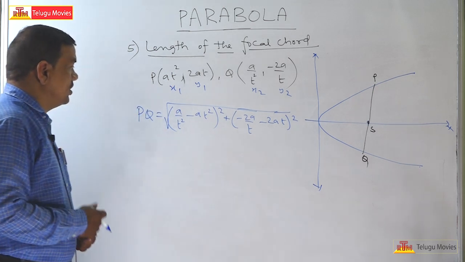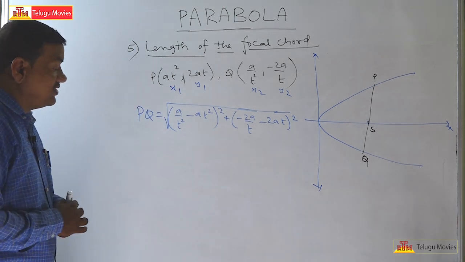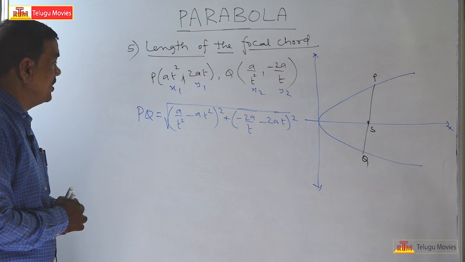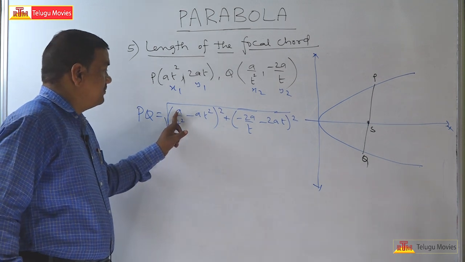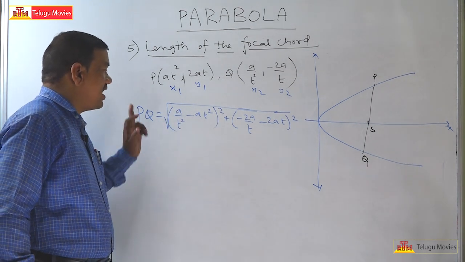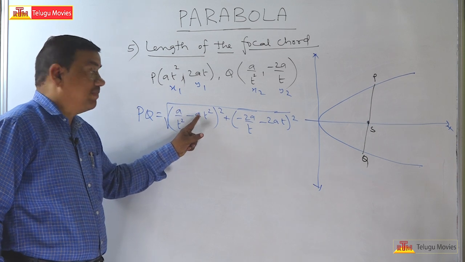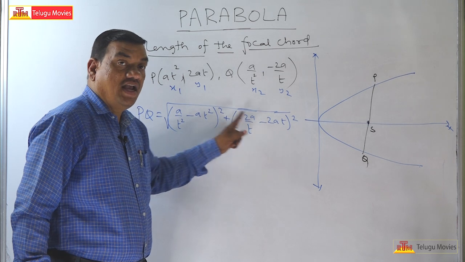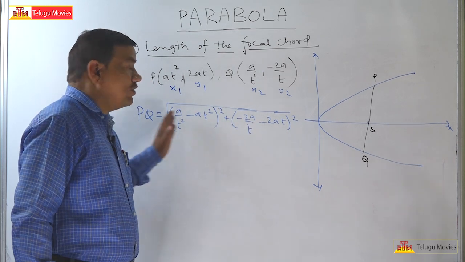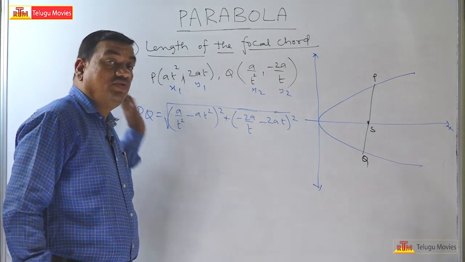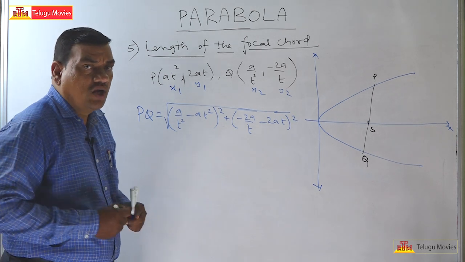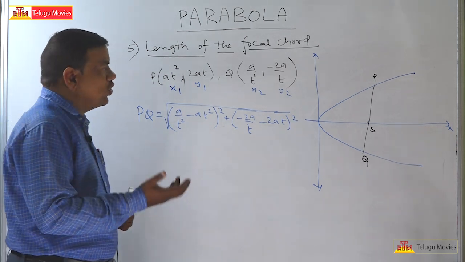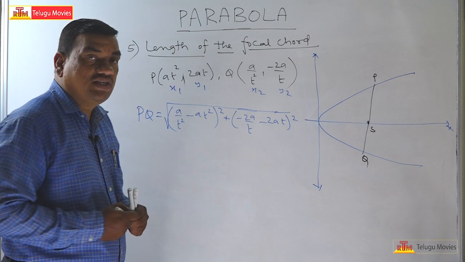Now, if you simplify this, a square you can take outside, here also a square, on the whole a square will come outside. Actually modulus of a you have to write down, but no need. Why? Because a is always a positive quantity.